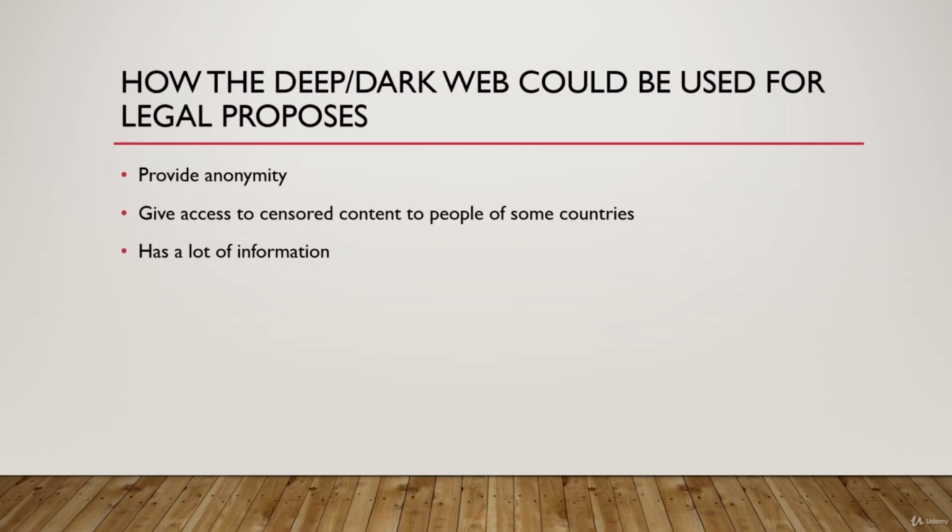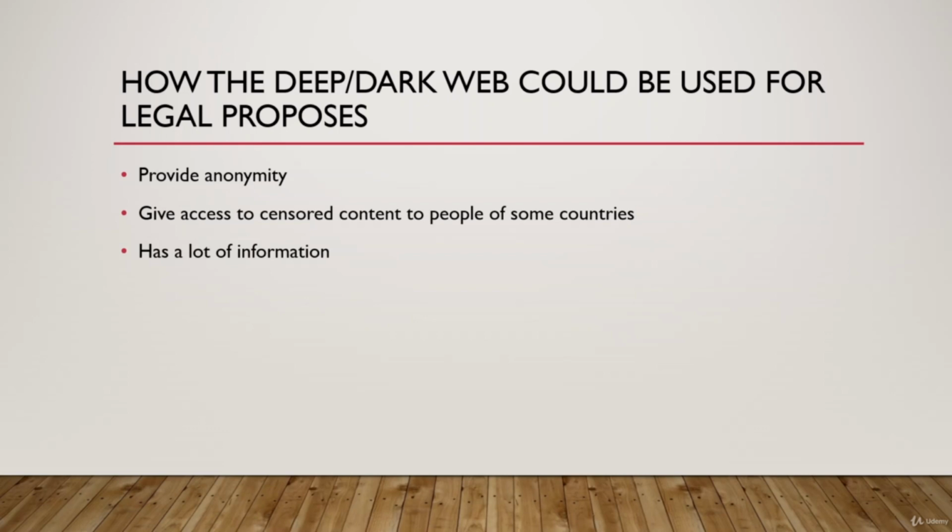But this is the concept of the deep slash dark web. It's really to give you anonymity and give you the power to say things or do things without being censored. So it could be a very good thing, but it can also be a bad thing. So this is why you have to filter where you try to find your information.